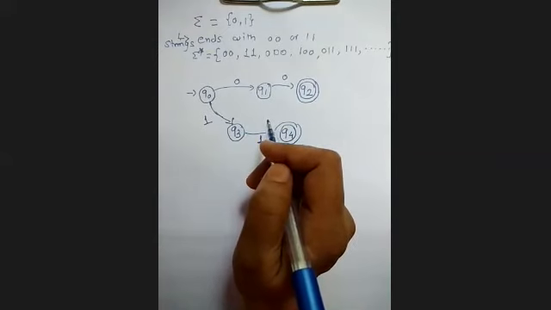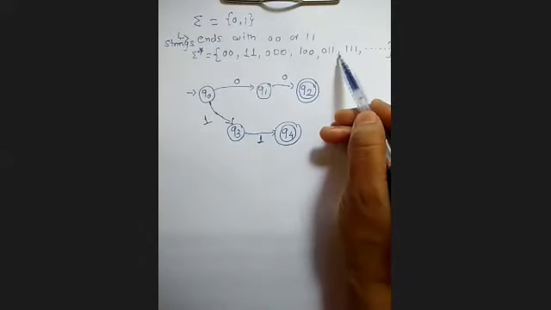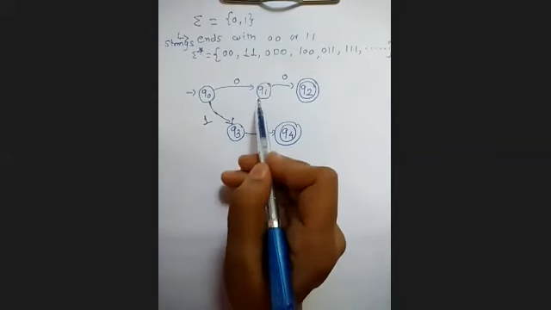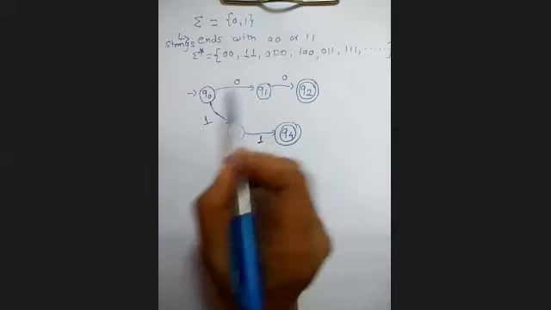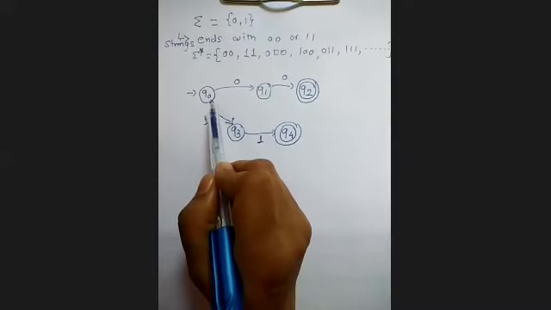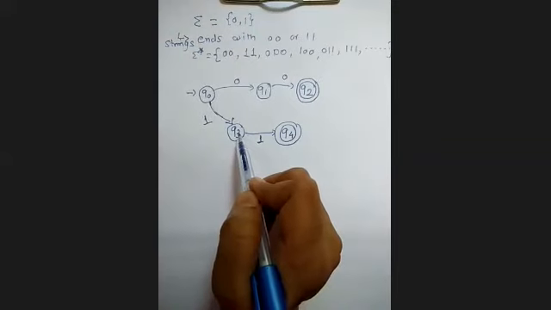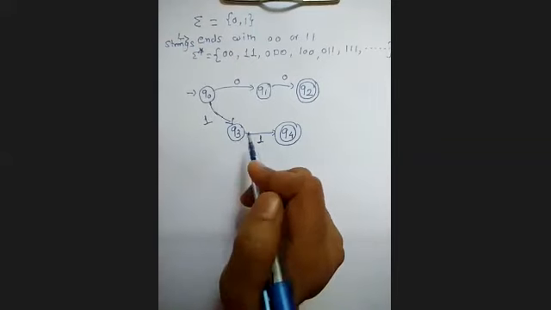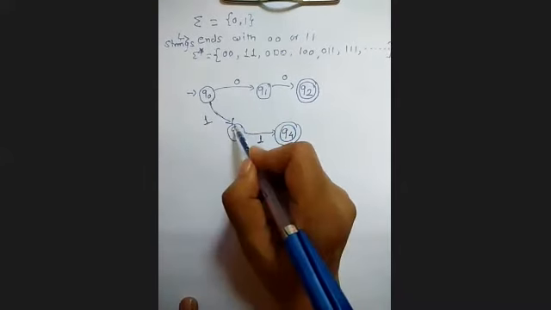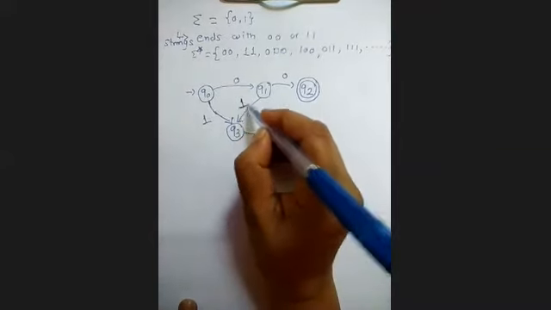If I give the input string 0 1 1, will it accept it? Our input string is 0 1 1. If you gave Q0 from here, please think about what should happen. My input is 0 1 1, and with 0 we come here, and if Q1 on 1 goes to Q0, okay, one 1 is considered, and for the last 1, Q0 on 1 will go to Q3 and will not accept, correct? It will terminate on Q3, correct? So what should we do? Already for Q3 there is an incoming edge on 1, so this on 1 goes to Q3.